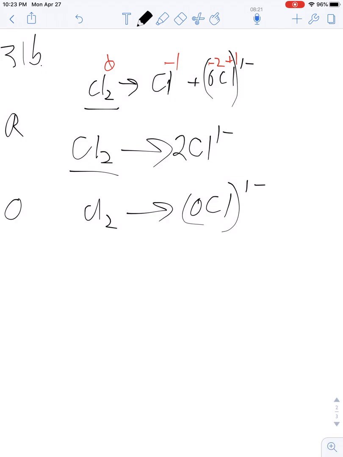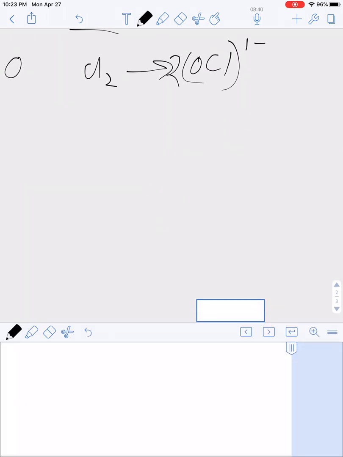I'm going to need a 2 there to balance that and a 2 there to balance that. There are no oxygens in the reduction, there are no hydrogens in the reduction, so that is balanced. My charge, I'm going to need 2 electrons here to balance out the charge because I got a -2 on that side, so I got to have a -2 on the reactant side.